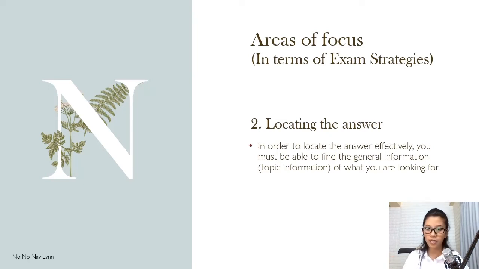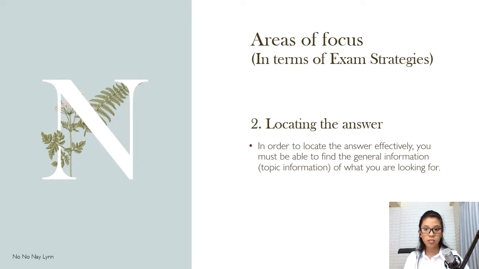So, in locating the answer, you have to be able to make that piece of information that you have specifically picked from the question easy to remember so that you can easily go back to the paragraph and look for it. In order to do this effectively, you need to cut off any extra pieces of information, which are not the main ones, obviously, to eliminate unnecessary effort in trying to check every single detail and every single part of the question and the paragraph, for example.